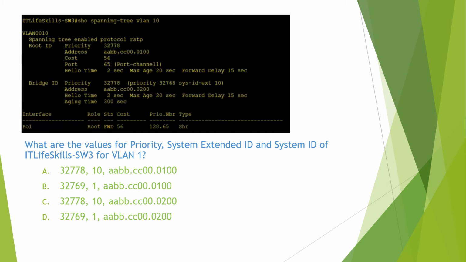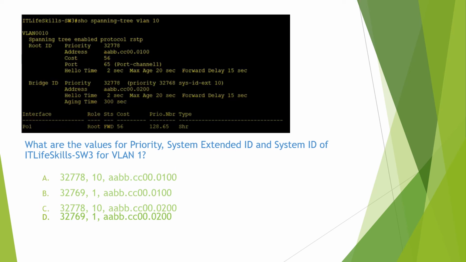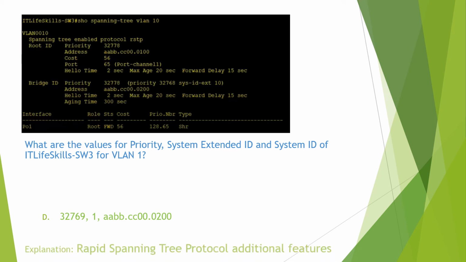And it asks for IT Life Skill Switch 3, so here is the MAC address or the system ID of IT Life Skill Switch 3. Therefore, the answer for this question is D. You can find the detailed explanation for this question in the video.